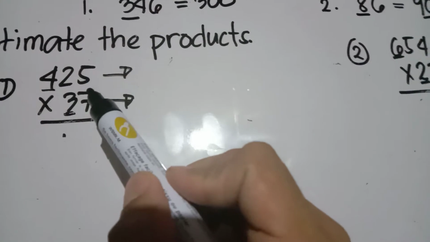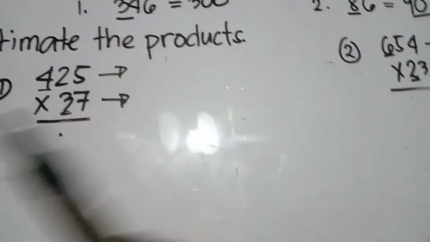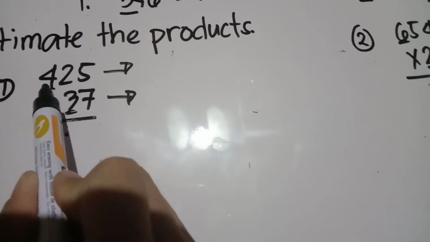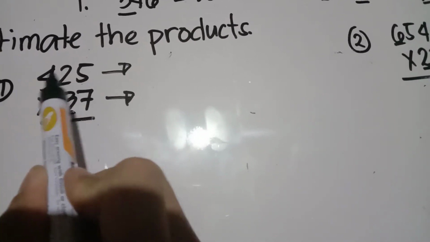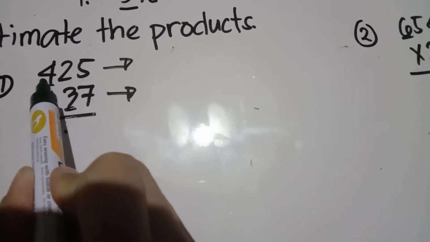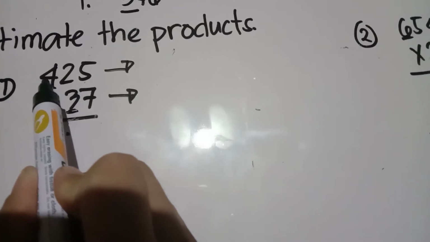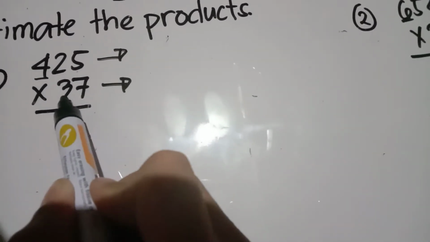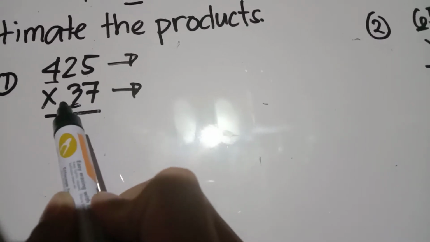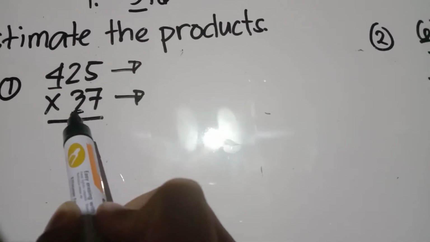The highest place value is located at the leftmost. So here, the highest place value in 425 is 4 because 4 is in hundreds place. While in 37, the highest place value is 3 because 3 is in tens place.